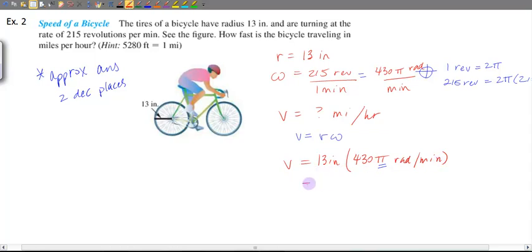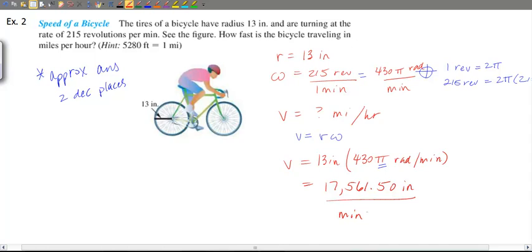So when I do that, 13 times 430 times pi, I end up with 17,561.50 inches per minute.